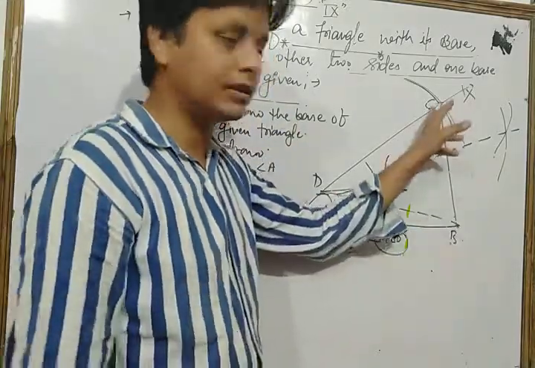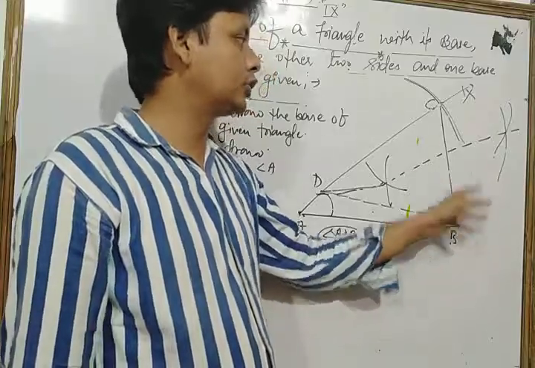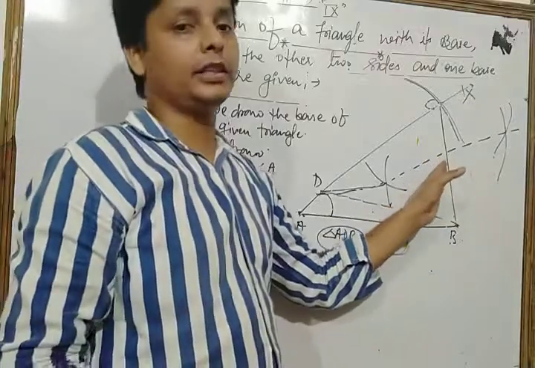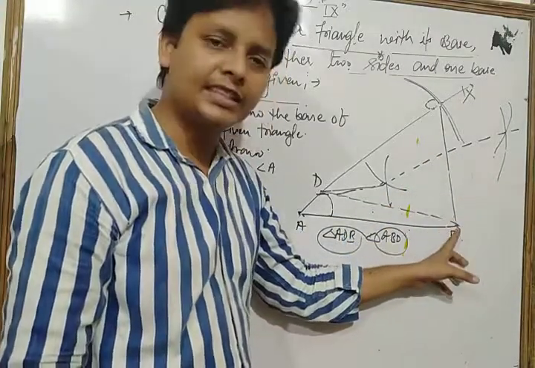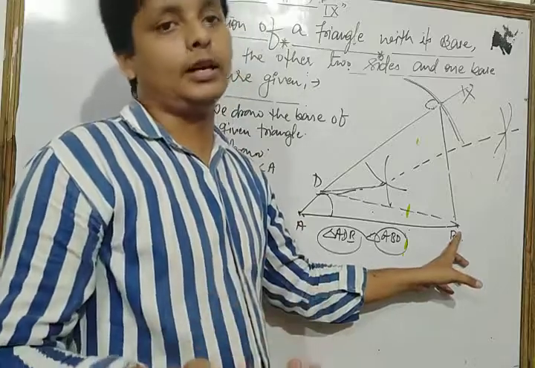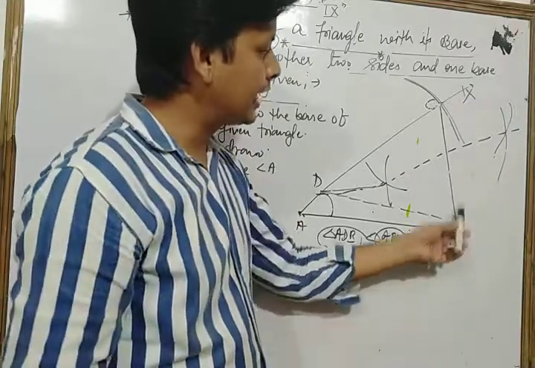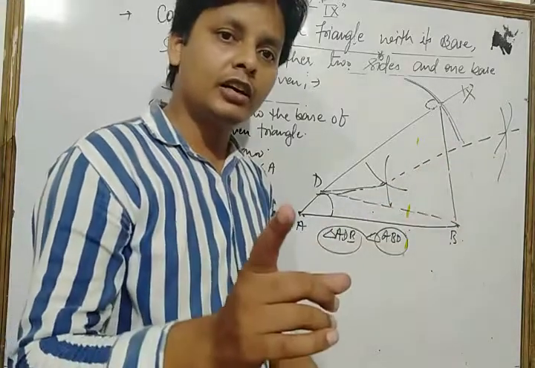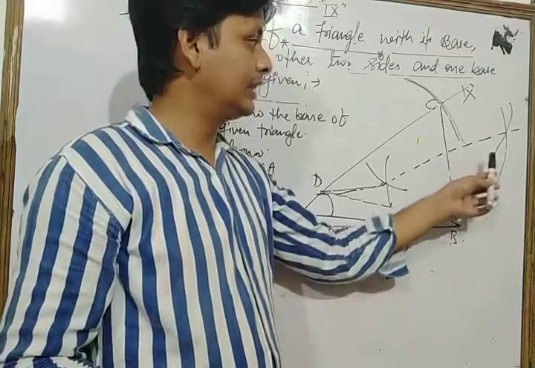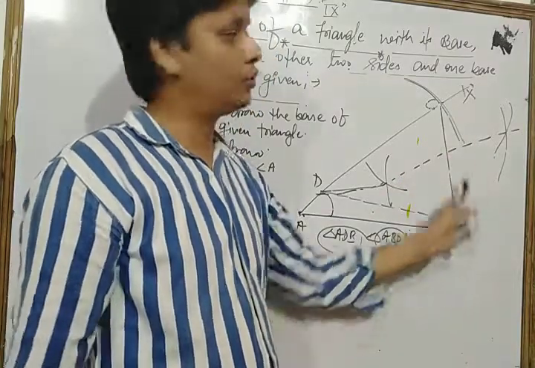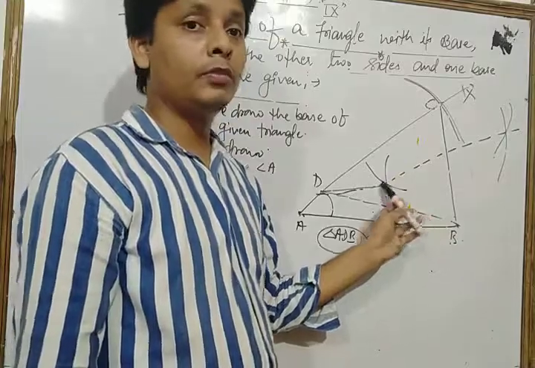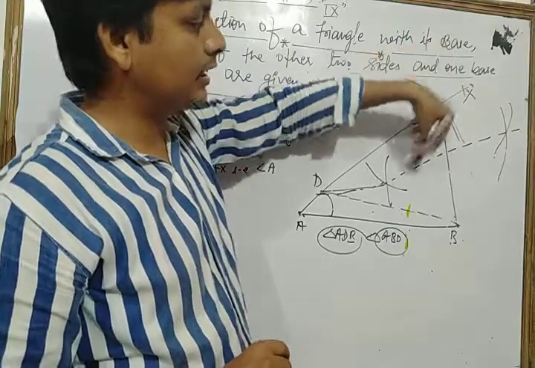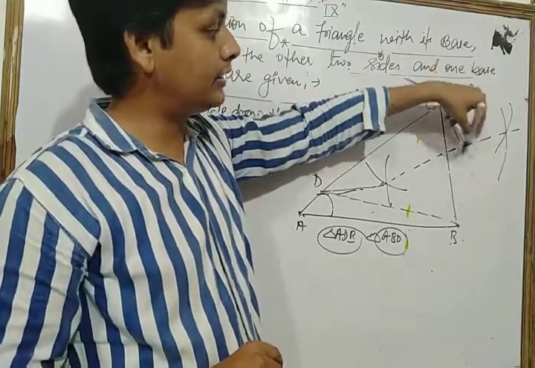To construct the perpendicular bisector of any line segment, first take B as center and a distance more than half of BC, and draw arcs on each side of the line segment BC. Now with the same distance, taking C as center, cut another two arcs on each side.